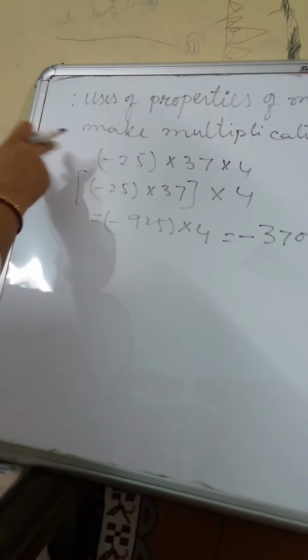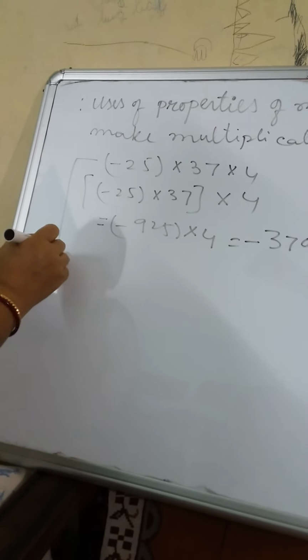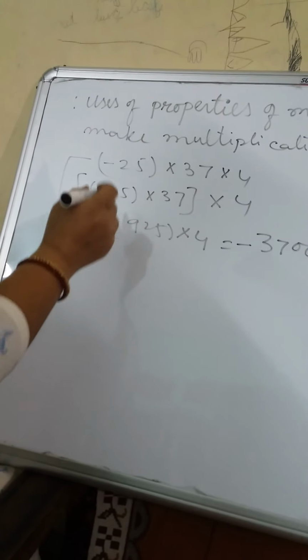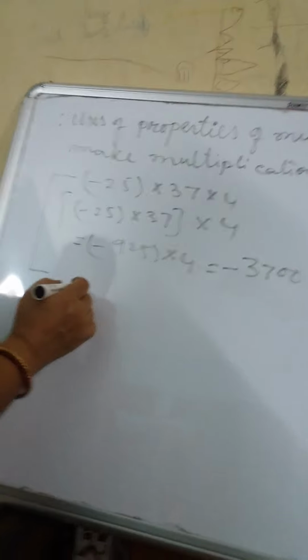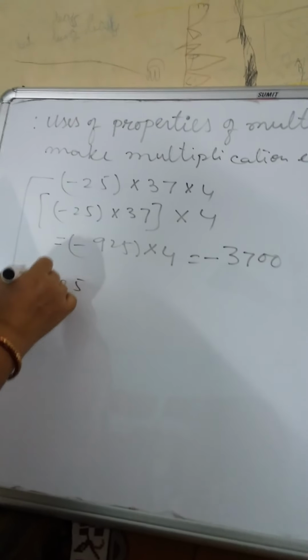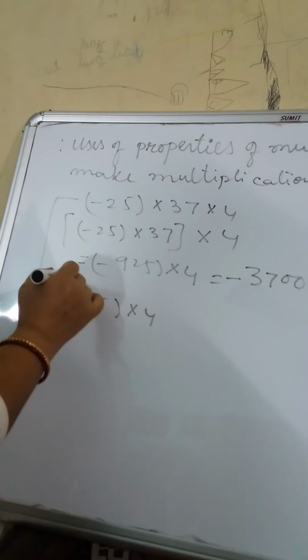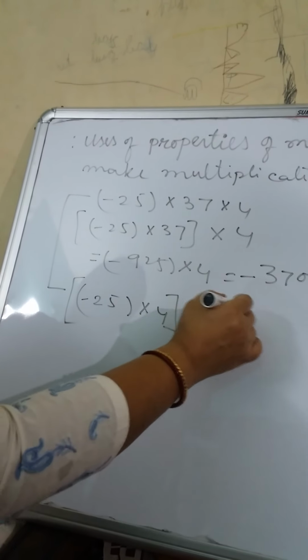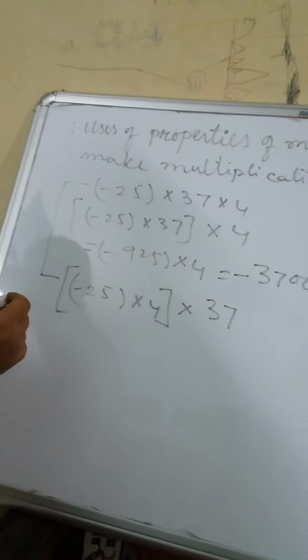Now instead of doing this, I can rearrange this somewhat and make a group, minus 25 into 4. Next, I'll multiply by 37.